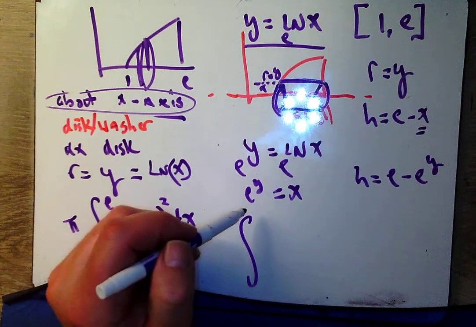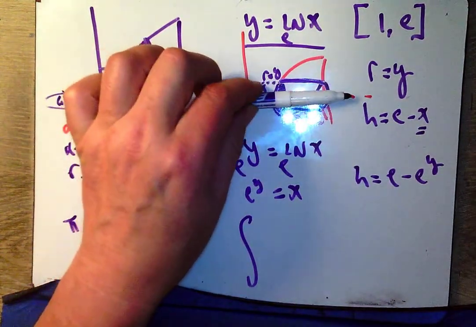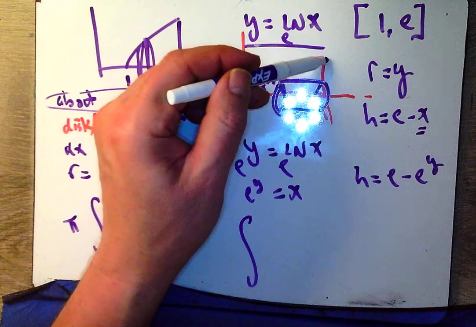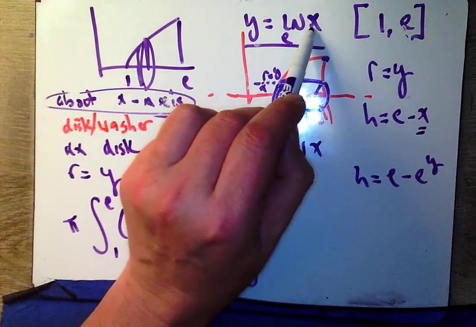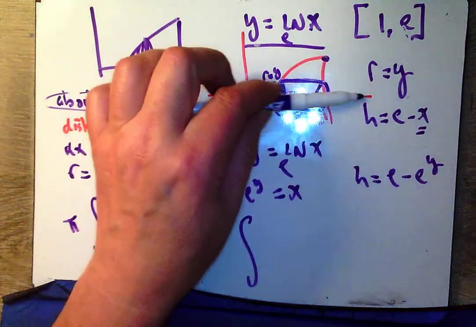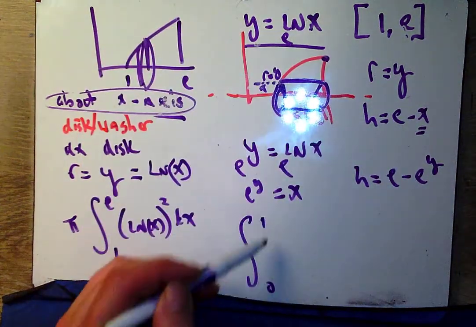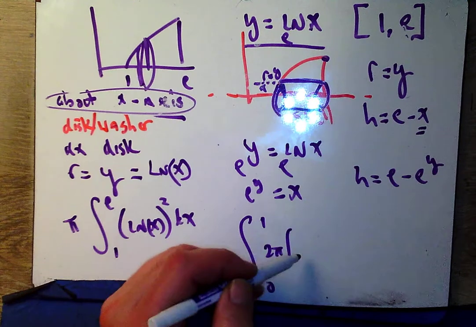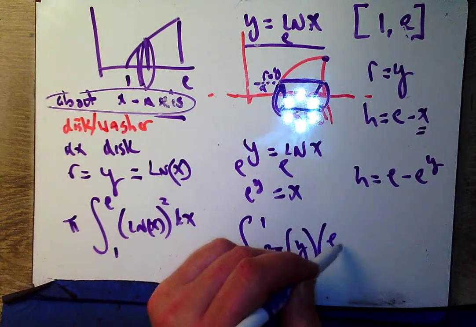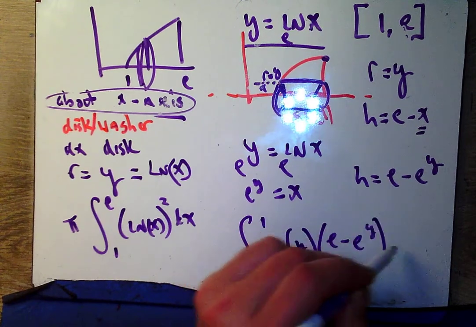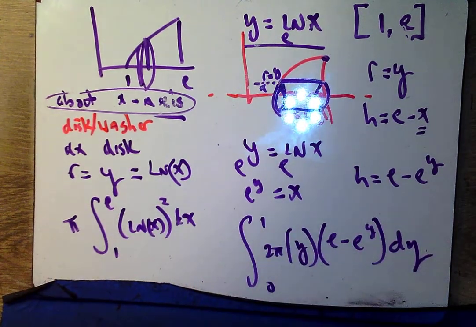We're integrating from here to here. What's this y value at e? The ln of e is 1, so we're going from 0 to 1. 0 to 1, 2 pi. Our radius was y. Our height was e minus e to the y dy. Okay.